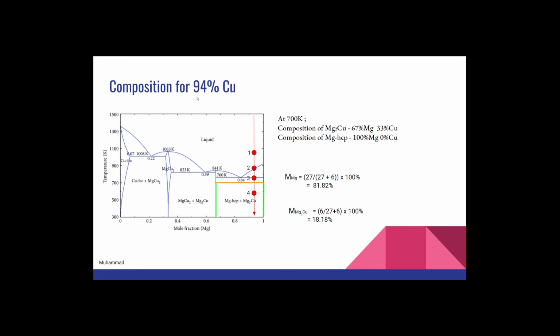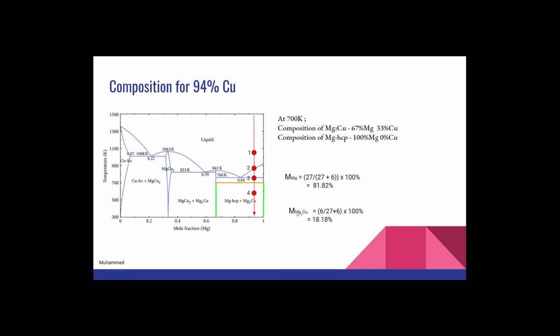So the composition for 94% Cu is as follows. We set a tie line at 94% Cu, and then you can see that the distance between the tie line and the intermetallic Mg2Cu will be A, and then the distance between the tie line and the MgHCP will be B. So in order to get the composition of Mg, it is A over A plus B times 100%, which gives 81.82%.